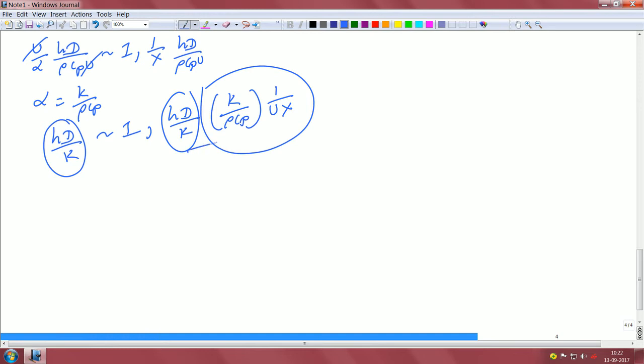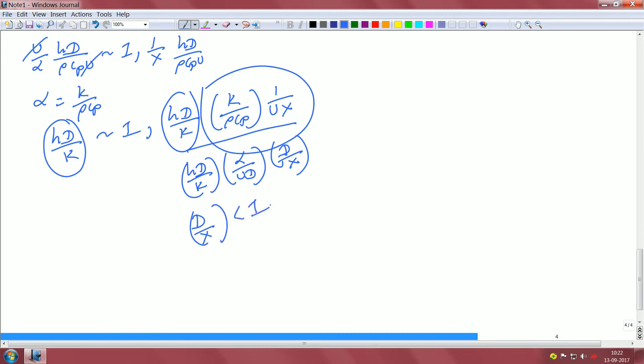So, let us look at the nature of this particular term in general. This h d by k is the first term, alpha by u d is the second term, and then d by x is the third term, right. I have just written it in a more compact notation. Now, we already know that d by x is a number which is less than 1, because x is the length scale.